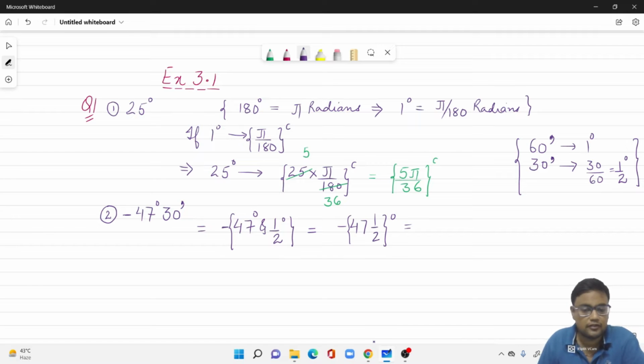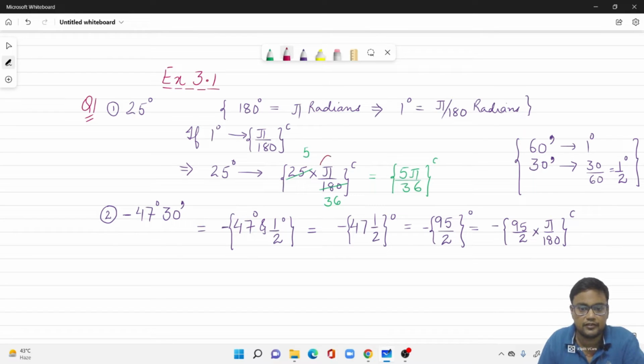Further, if you convert it into improper fraction, it is 94 plus 1, that is negative of 95 by 2 degrees. And by taking a clue from the first part, we have to multiply this quantity by pi by 180 to convert it into radians, like we did here.